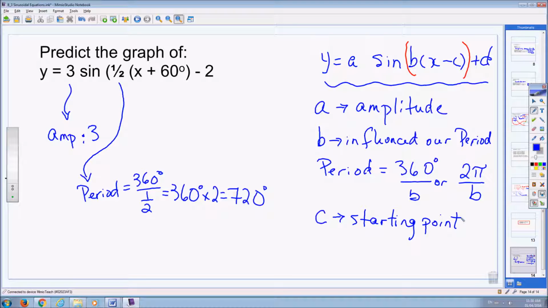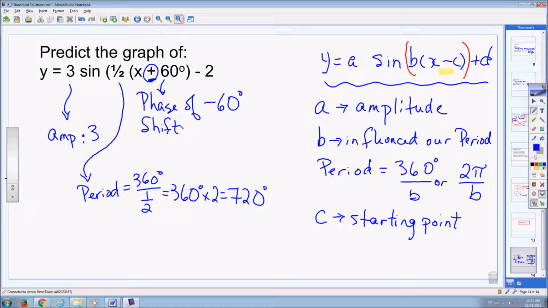But the funky thing about working with this, note here that we are working with a plus sign, and our form here has a minus sign, with the result that what we are actually dealing with is a phase shift of -60 degrees as a result of our C. And that just simply means, phase shift. So that just means that our whole graph starts 60 degrees before 0, or at -60.